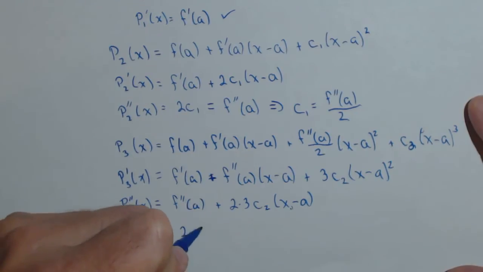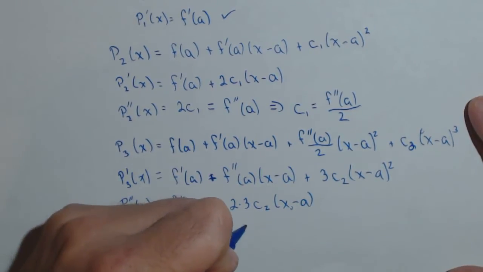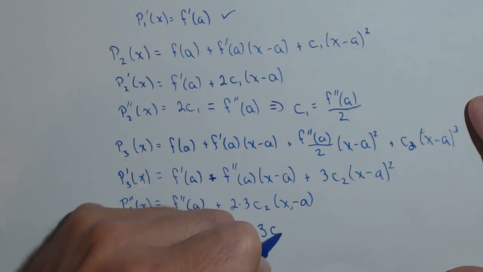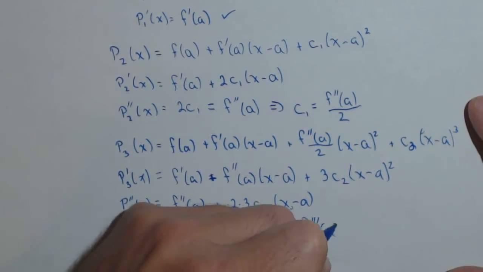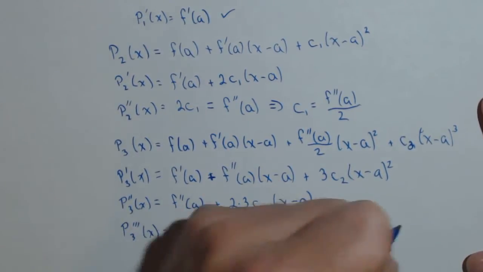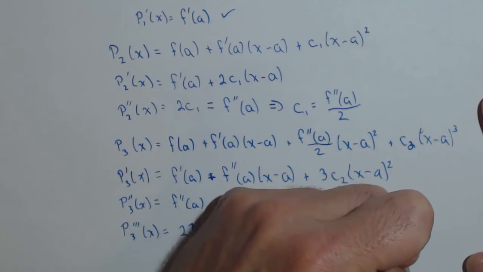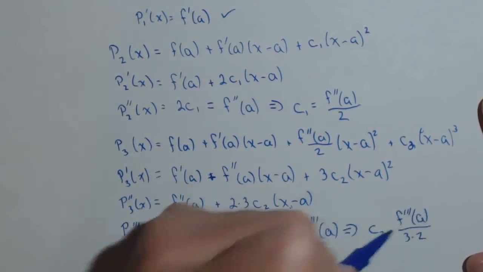We're going to end up with 2 times 3 times c2. Now again, what we want is for 2 times 3 c2 to be equal to the third derivative at a. That means that this second term is f triple prime of a over 3 times 2.